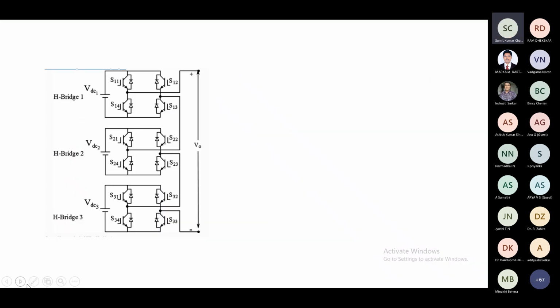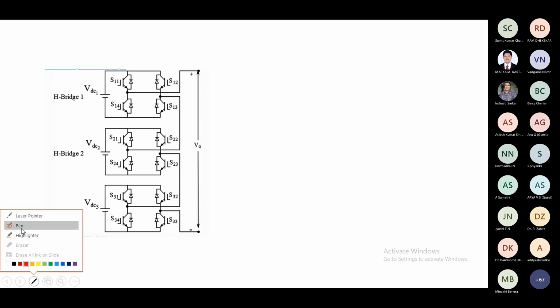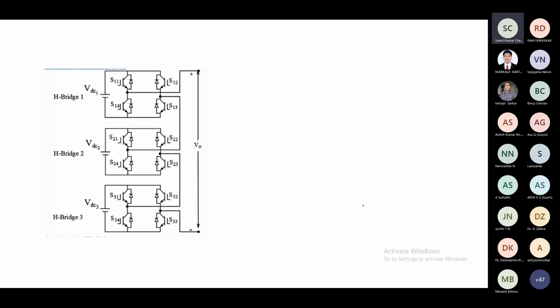Now suppose we make it unequal. Suppose this V can be say 100 volts or anything, this is 3V and this is 9V. How many voltage levels can we get at the output?